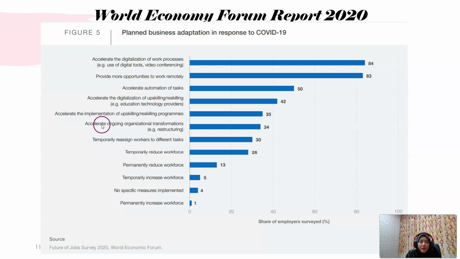And then we also have the survey on accelerated ongoing organizational transformation or restructuring. This is the finding that we got from the employers' survey, that they have to restructure, of course.